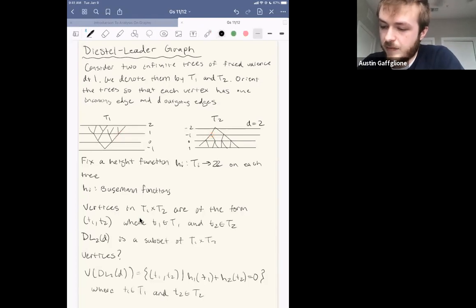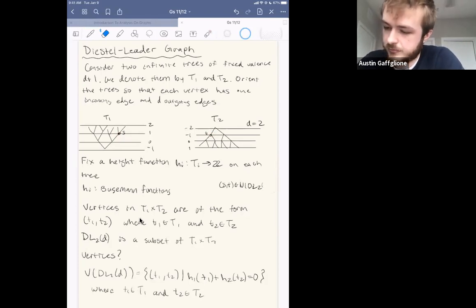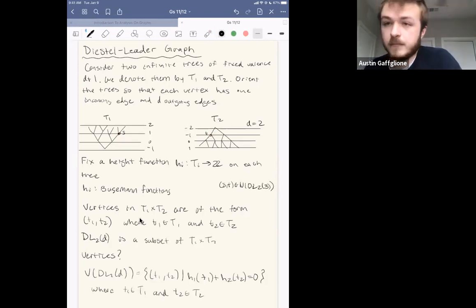If I call this vertex S and this vertex T, then the pair S and T is a vertex of the Diestel-Leader graph. So in this case, it would be 2, and then a valence 2, not 3. Okay.